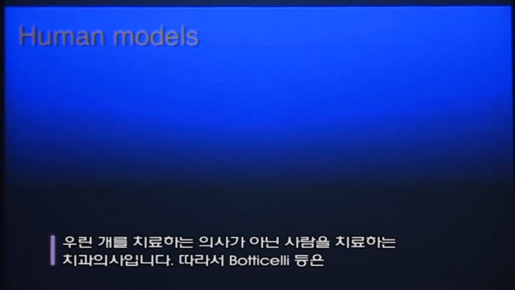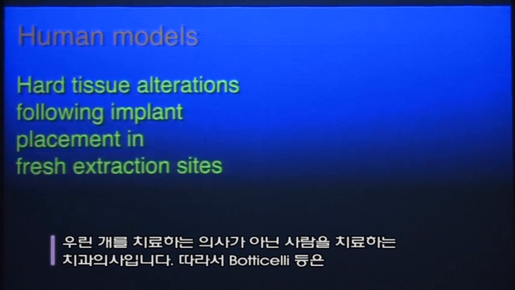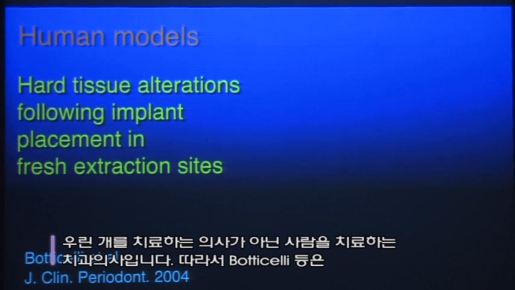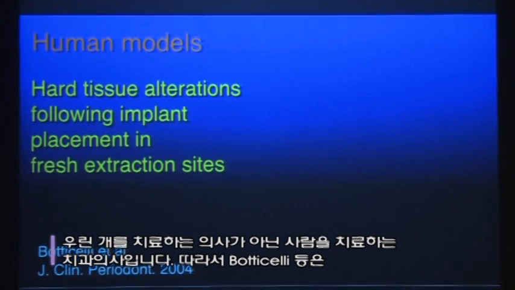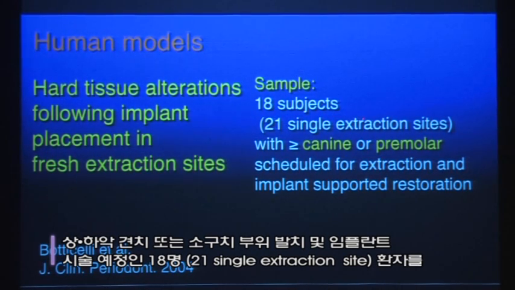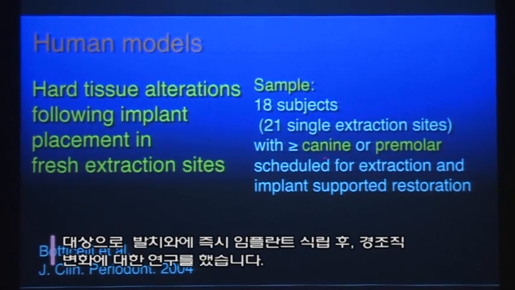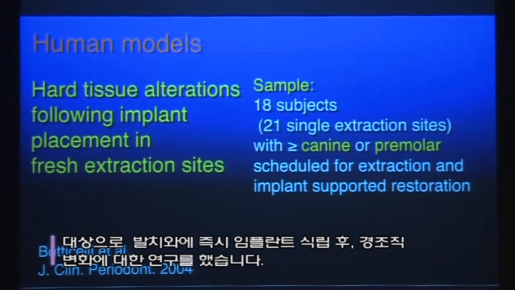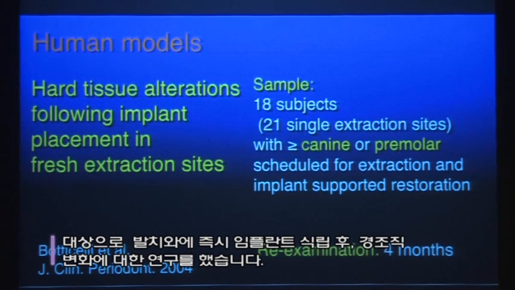But we treat not dogs, we treat patients. And therefore, we started together with Dr. Botticelli a study in 18 subjects with 21 single extraction sites, canines and premolars, in both the maxilla and the mandible. Those were sites where the teeth had been scheduled for extraction and an implant-supported restoration was planned.